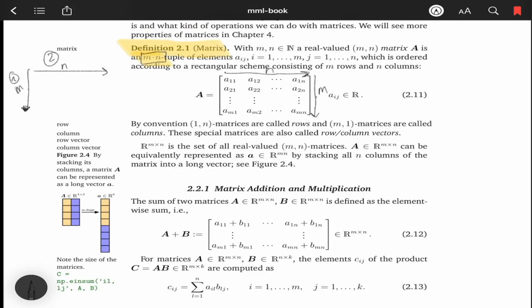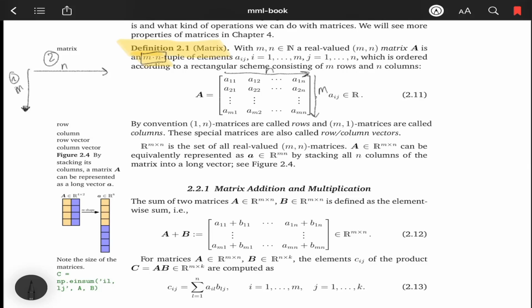By convention, 1 by n matrices are called rows and m by 1 matrices are called columns. These special matrices are also called row and column vectors. Okay, so a vector is basically a special version of a matrix.